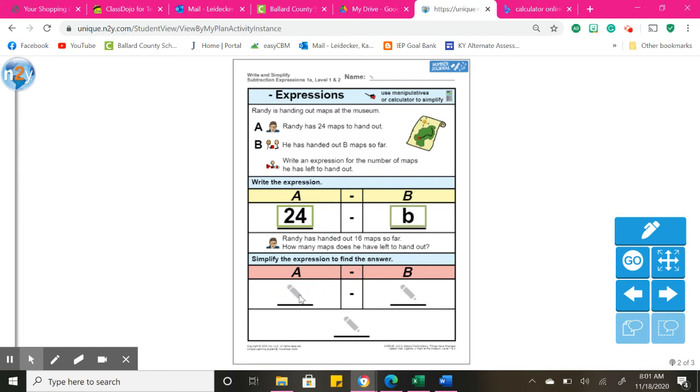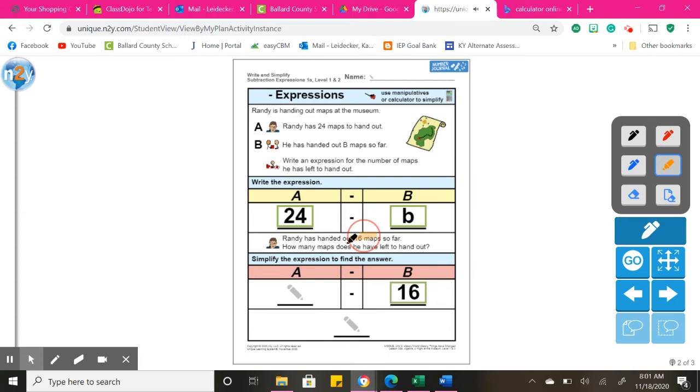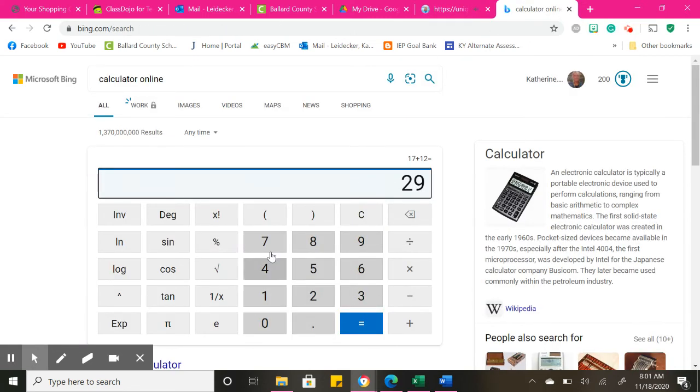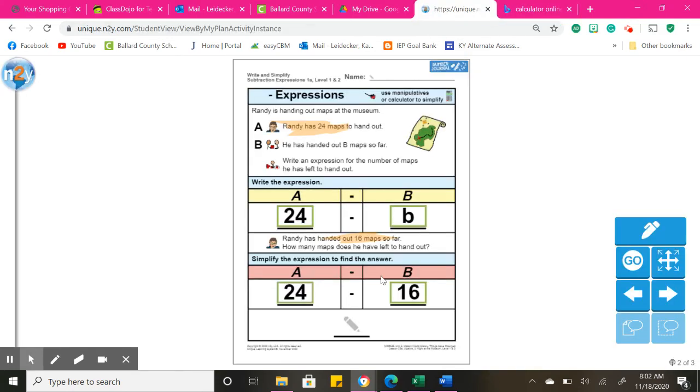So we know now that B is 16 because he handed out 16 maps and he still has 24 for A. So 24 minus 16 is 8.